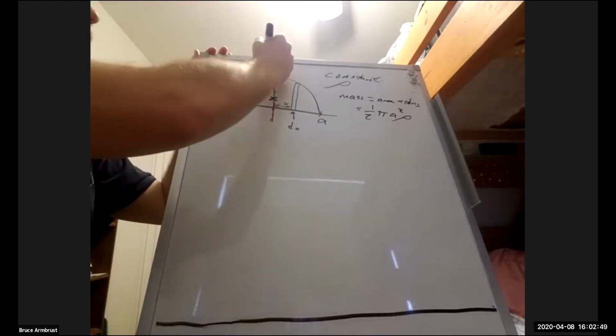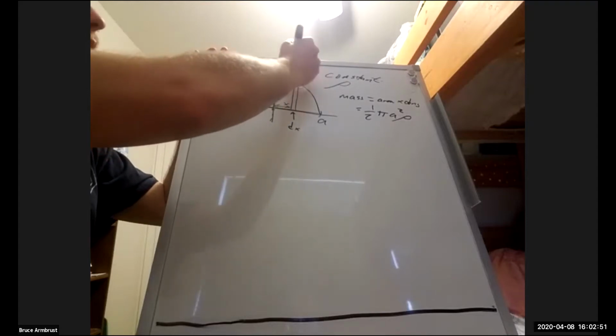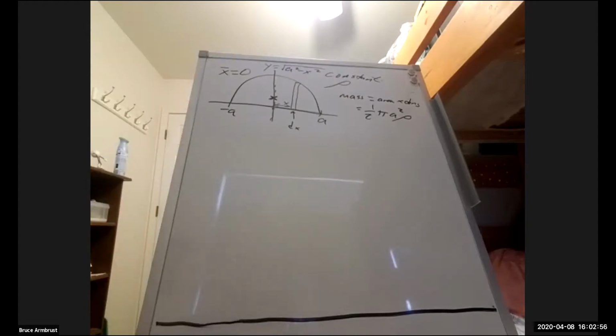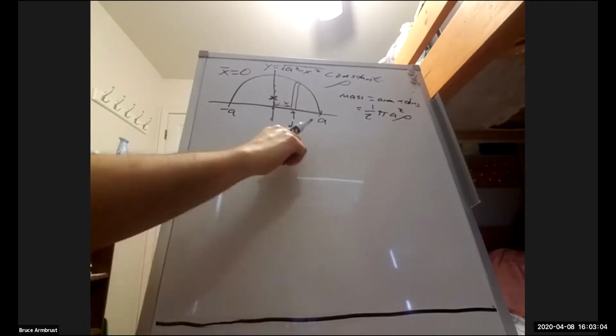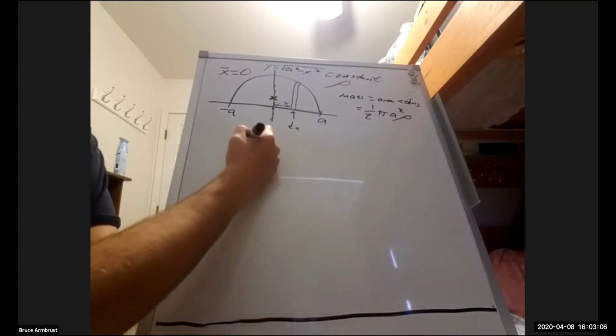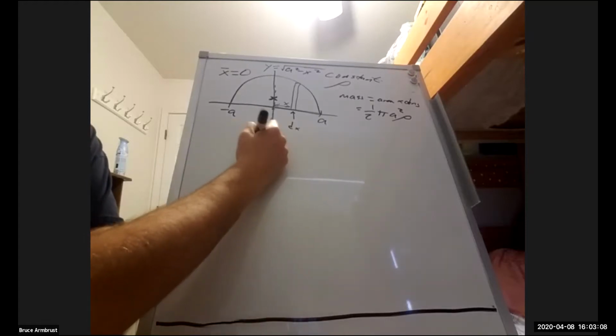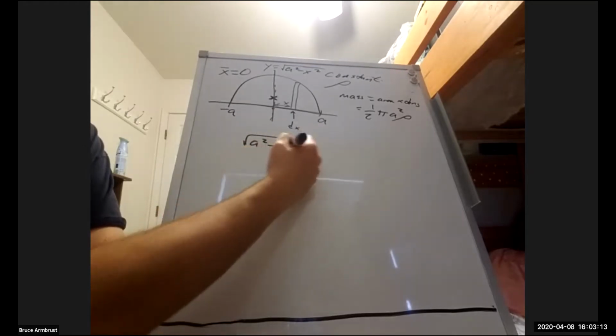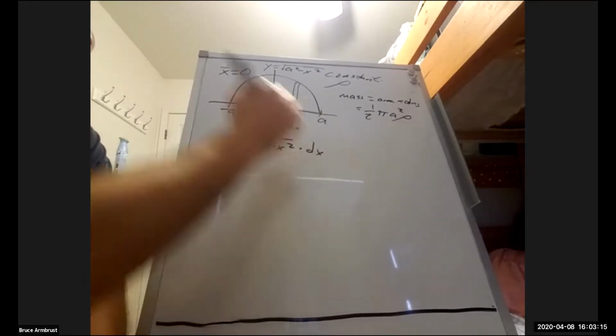We know that y is equal to the square root of a squared minus x squared. So the height of that is the square root of a squared minus x squared. Its width is dx, so the area is the square root of a squared minus x squared times dx.